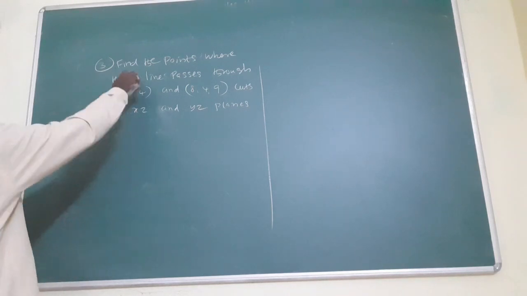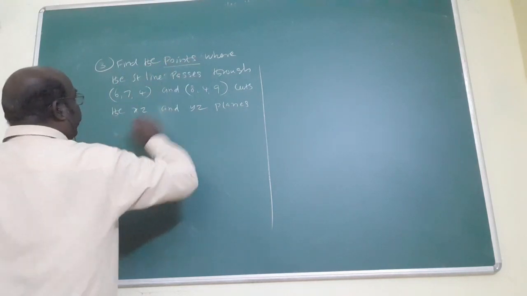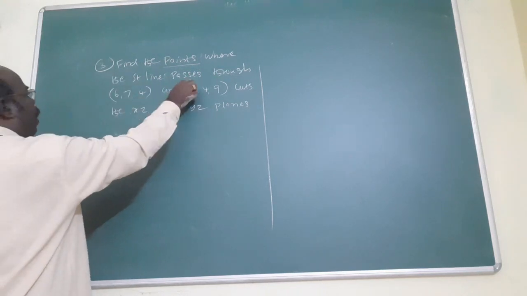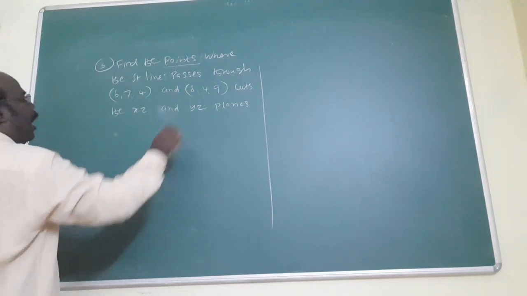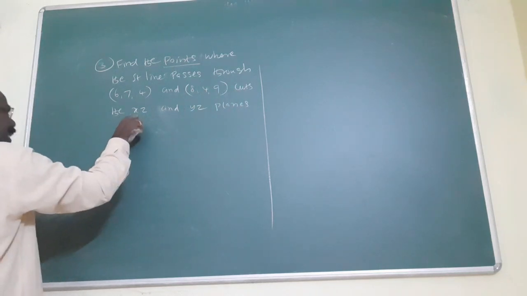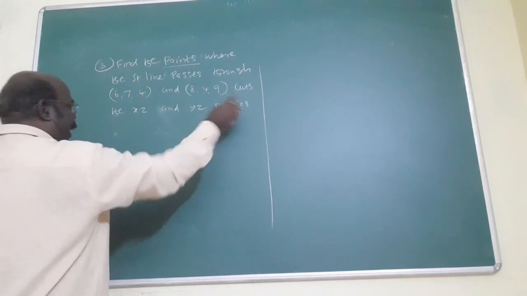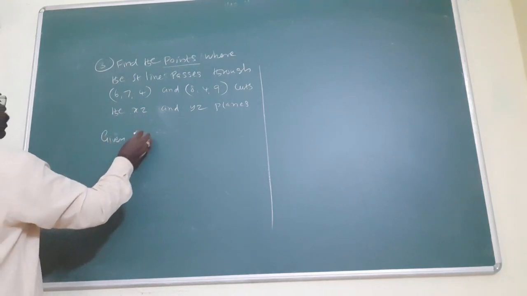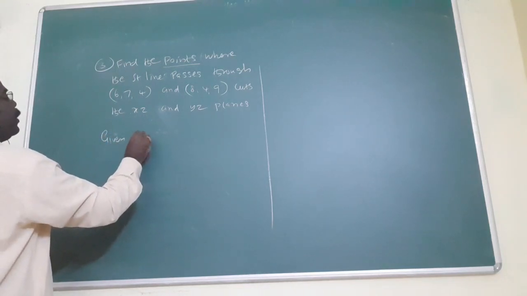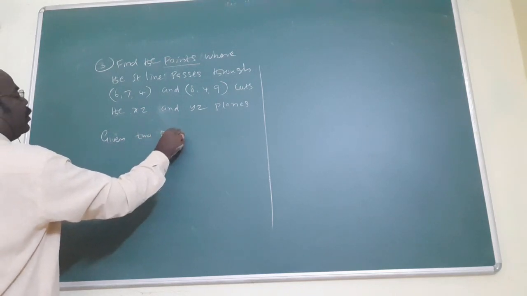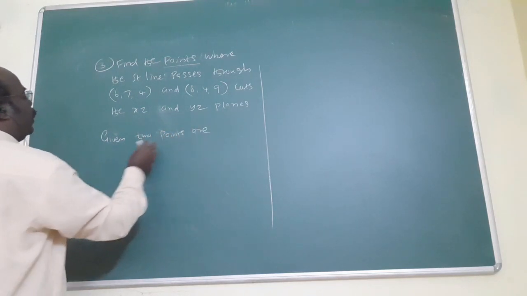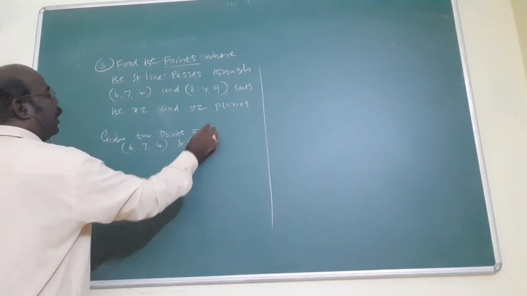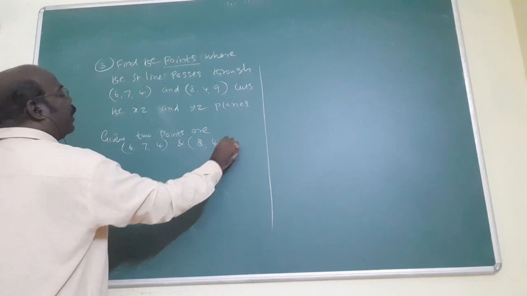Now, the third question: find the points where the straight line, which represents a straight line passing through 2 points, cuts the XZ and YZ planes. Now, what is given? Given 2 points are 6, 7, 4 and 8, 4, 9.